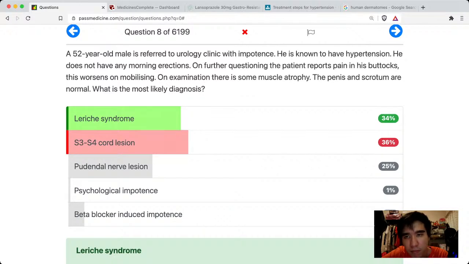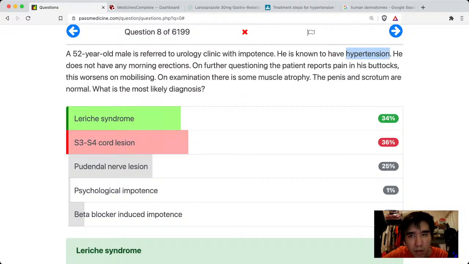Makes sense, because not enough blood supply to the buttocks is causing the pain, and not enough blood supply going to the penis, so you can't erect.